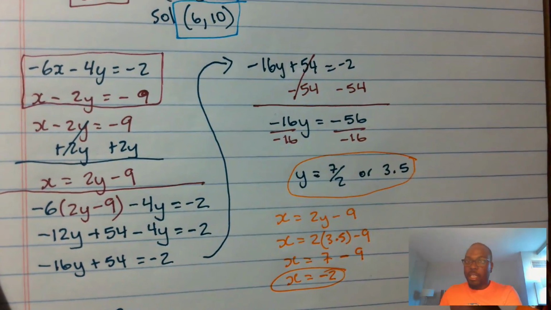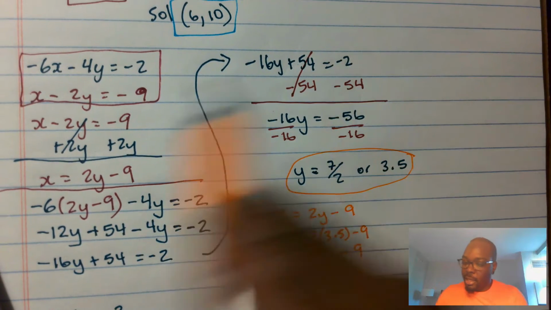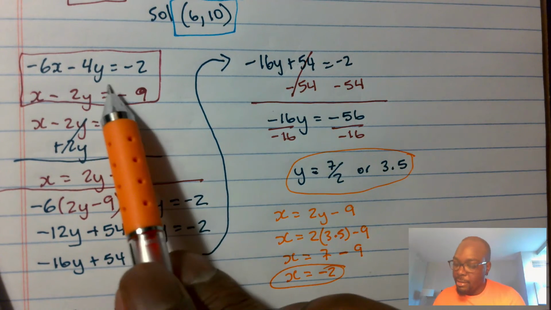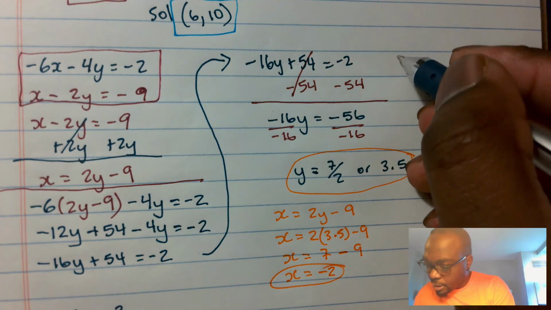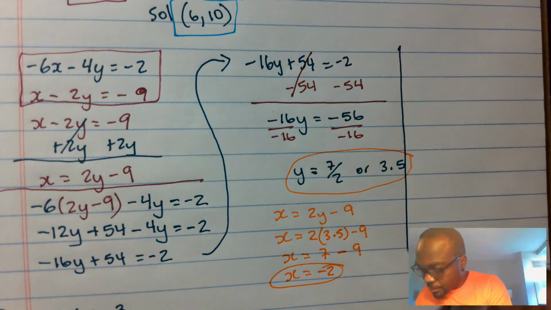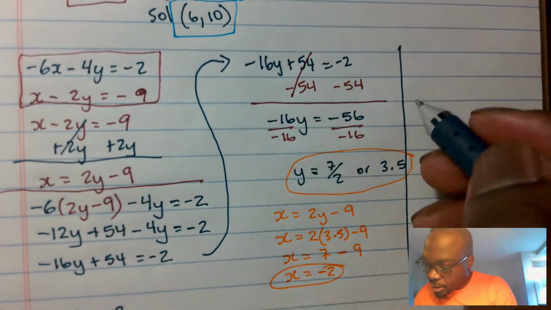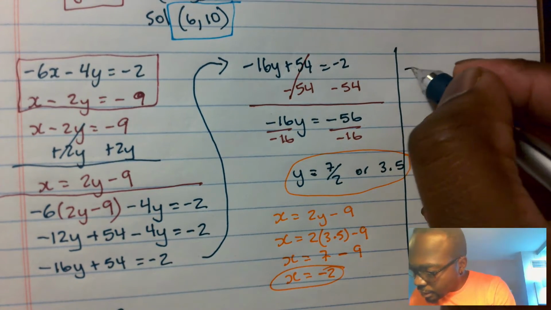So again, like we did above, we're going to have to come back and check to make sure that's true. I'm going to check in both equations. Let me draw this line right here. In the first equation, I have negative 6.